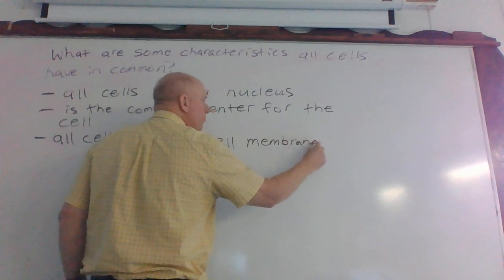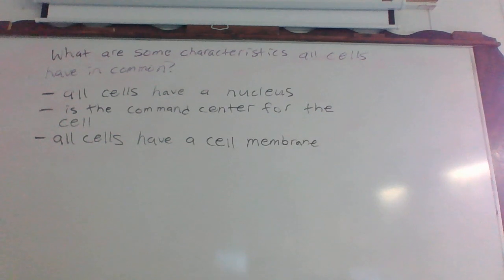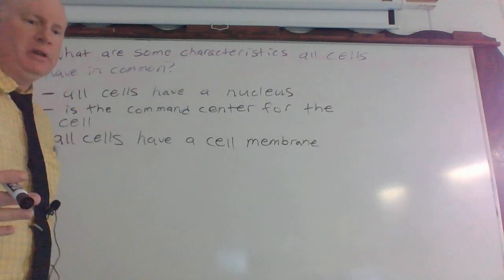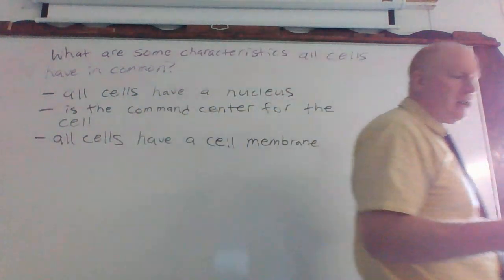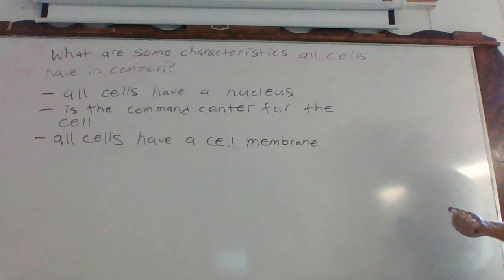And the reason that's important is we called the cell membrane the gatekeeper, because what that does is that allows certain materials into the cell that belong there, but unfortunately some materials can also enter the cell that don't belong there. So that's going to be the importance of this cell or plasma membrane, is that it will direct what's supposed to enter and exit the cell.